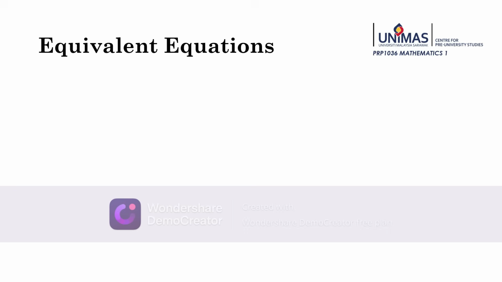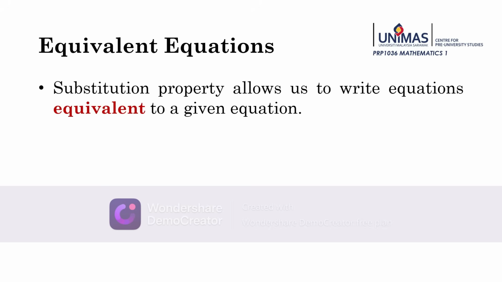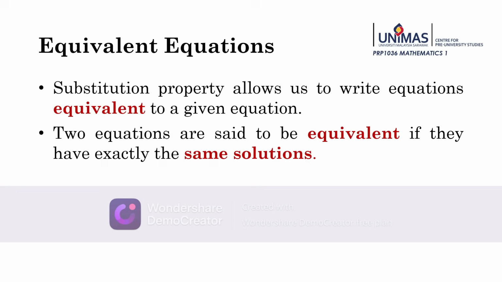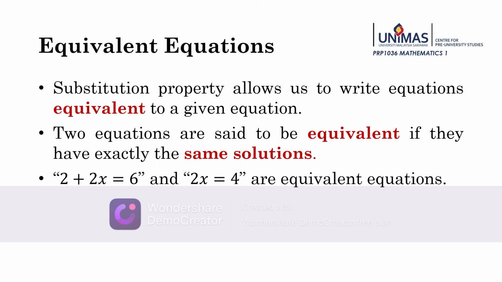Equivalent equations. The substitution property allows us to write an equation equivalent to a given equation. Two equations are said to be equivalent if they have exactly the same solution. For example, 2 plus x equal to 6 and 2x equal to 4 are equivalent equations. For example, we minus 2 from the left hand side and right hand side.